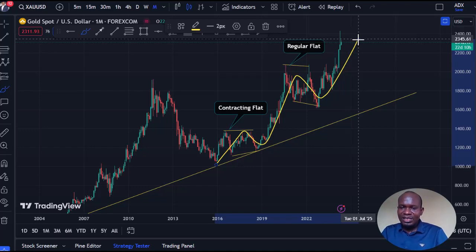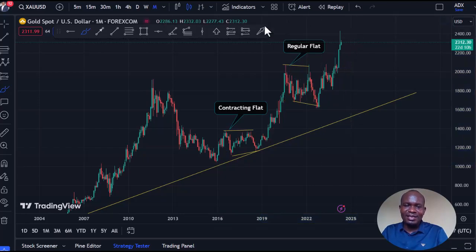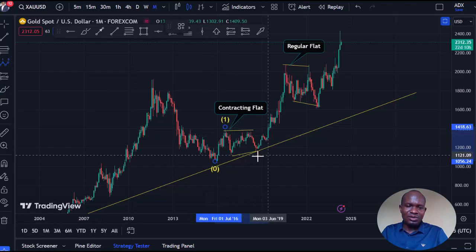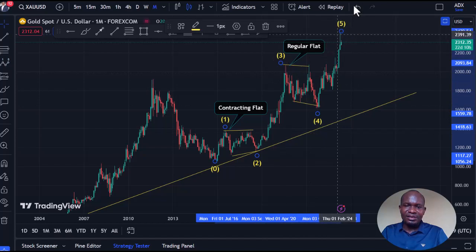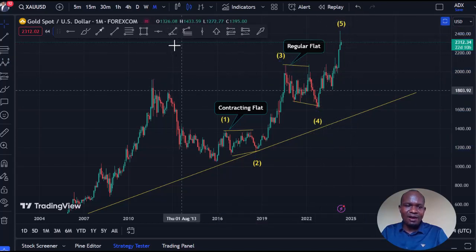So from the monthly time frame, we are not expecting to stay in a trade for a long time. All right, so that settles that. I wouldn't want to label it 1, 2, 3, 4, 5, but you can put that anyway. We have a clear 1, 2, 3, 4, 5, regardless of the degree. So that's what we have here.